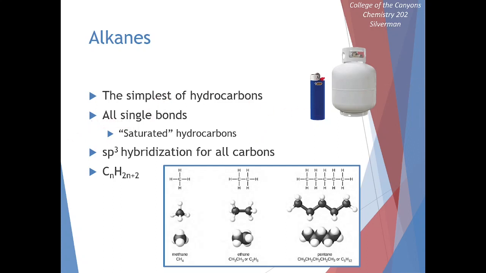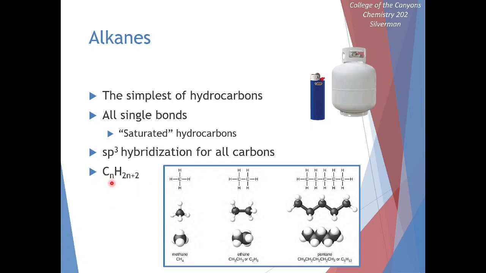All right, if we're thinking about our alkanes, these get to be sp3 hybridized, right? All single bonded carbons all have the same hybridization. If we're looking at alkanes, they do have a formula for their chemical formula. For every n carbons that we have, we need to have 2n plus 2 hydrogens.